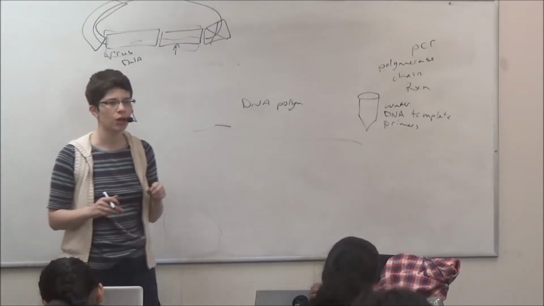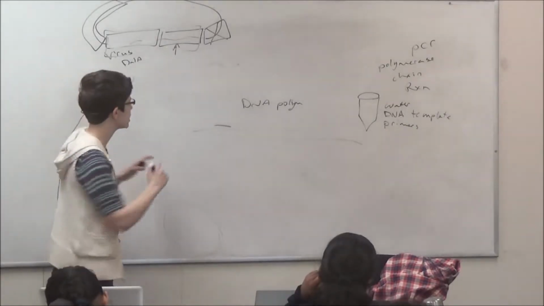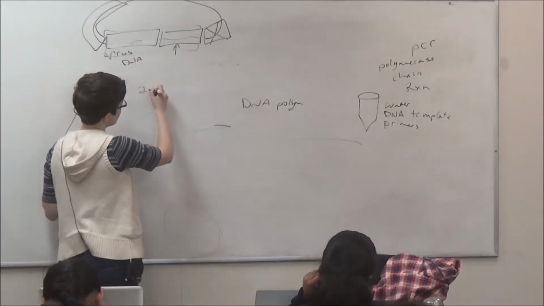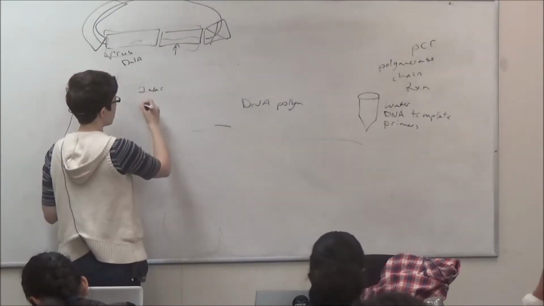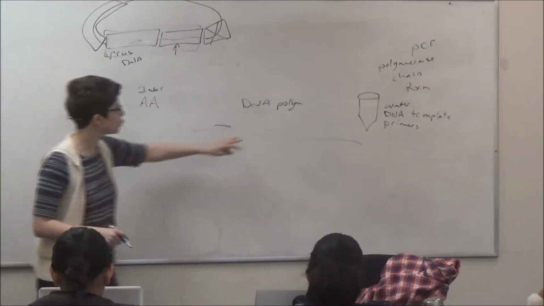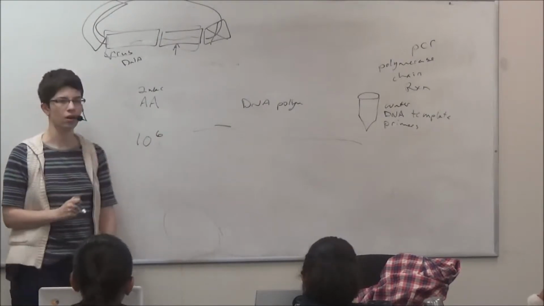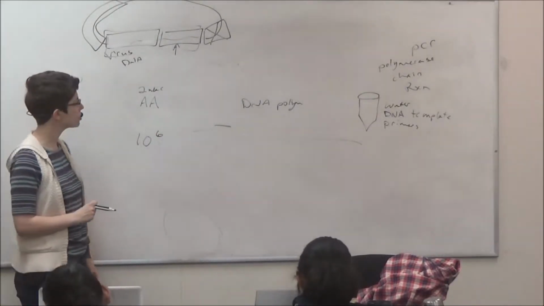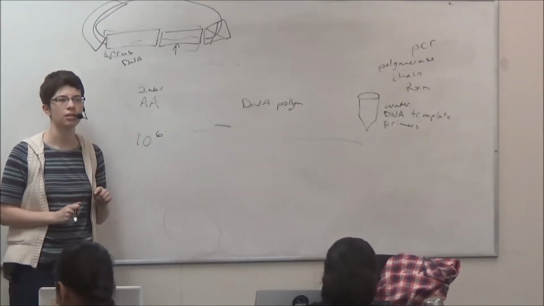How can you make sure your primer is for the DNA you're studying? Let's think about it. Let's say your primer is 2 nucleotides long. So maybe your primer is AA. And let's say you know your DNA is 1,000,000 nucleotides long. How often do you think AA is going to happen in 1,000,000 nucleotides?